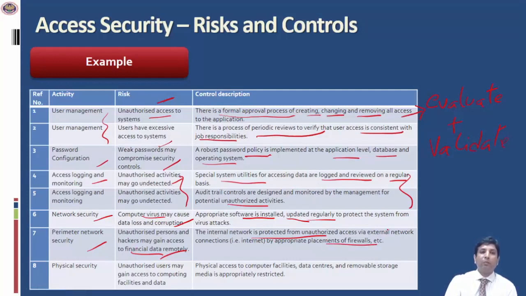So this is the control that the company has implemented. We may want to see the network diagram of the company and make sure that the firewalls or the VPNs are placed at the right location so that they are in a position to prevent any unauthorized access or any hacking from a remote place.